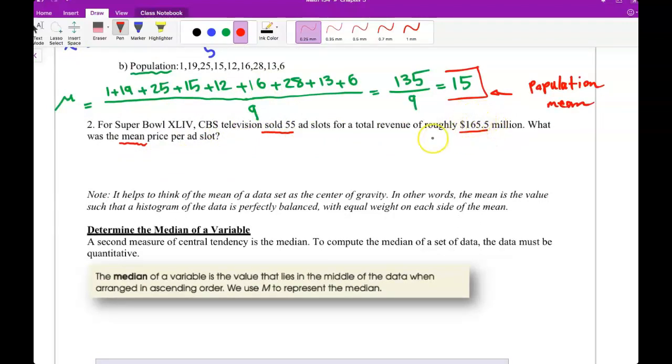The total revenue is 165.5. You only need to divide by the total sold, 55, to find the answer. So 165.5 divided by 55 is $3.01 million. So this is the mean price per ad slot.